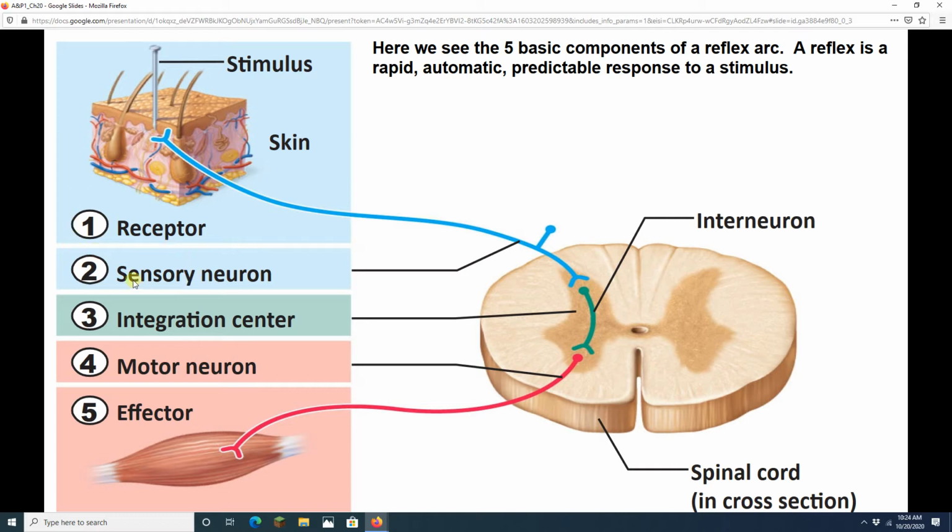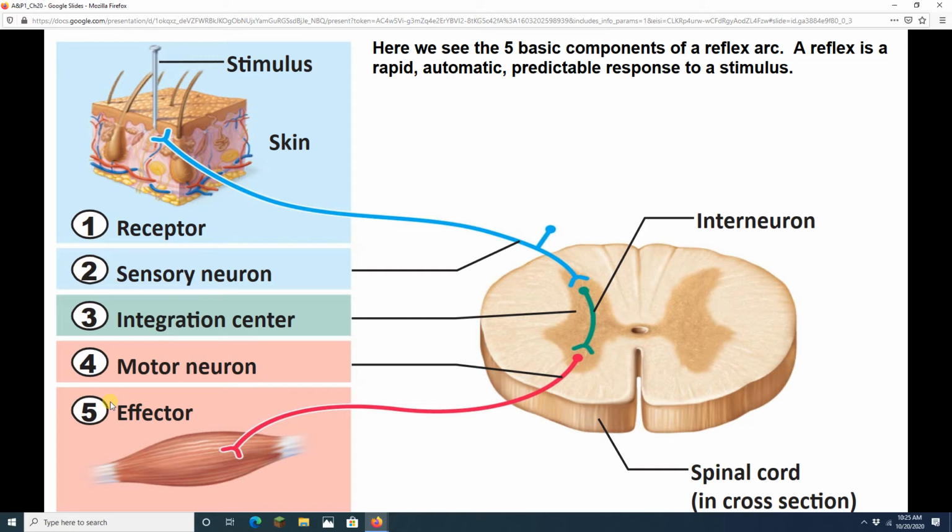And then we got a sensory neuron, basically an afferent pathway, towards an integration center, which in this case is this neuron called an interneuron, because it's in between the sensory and motor neuron. And we got our motor neuron, which is our efferent path, and we got our effector. We've seen this before. This is the basic homeostatic feedback pathway that we've dealt with already.